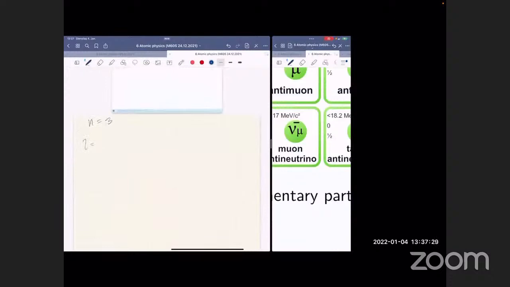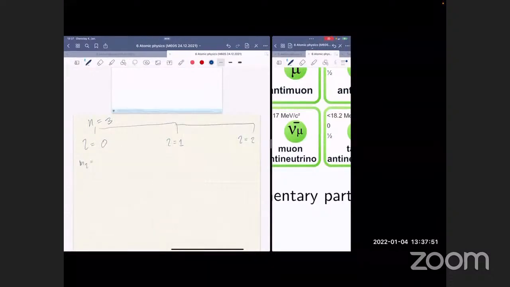L equal to 0, that's the first case. L equal to 1, that's the second case, and L equal to 2 is the third case, right? And again, ML could be from -L, 0, to L, right?